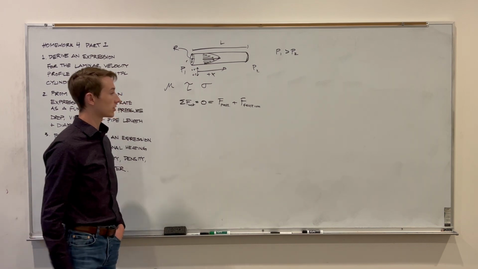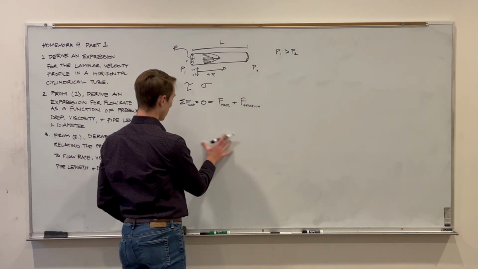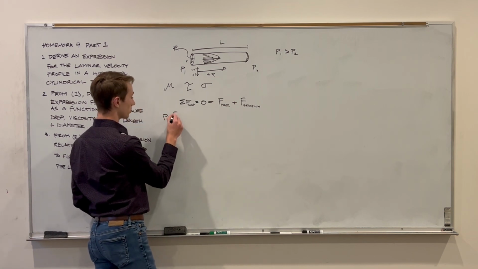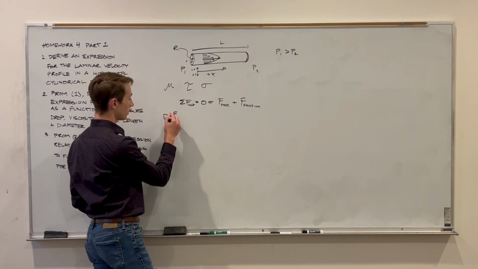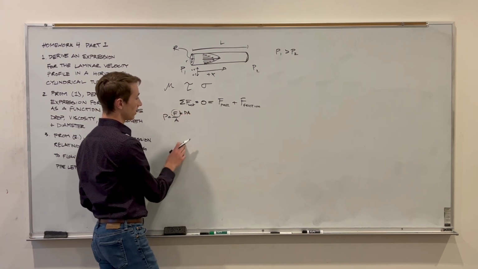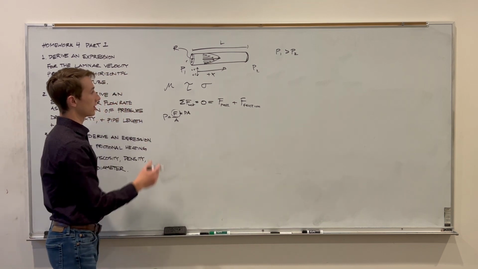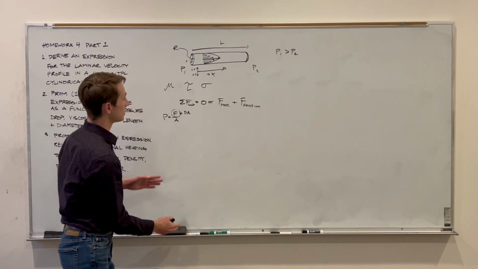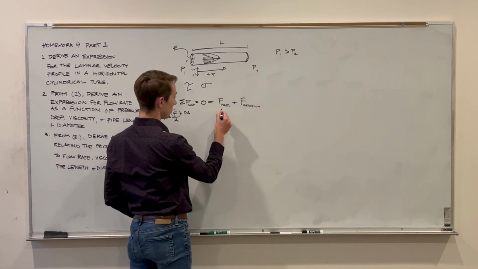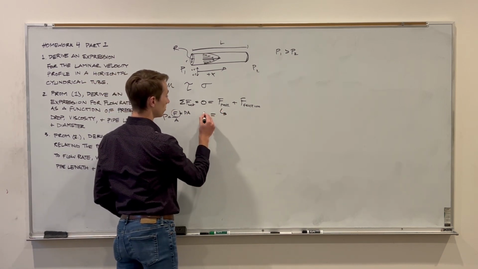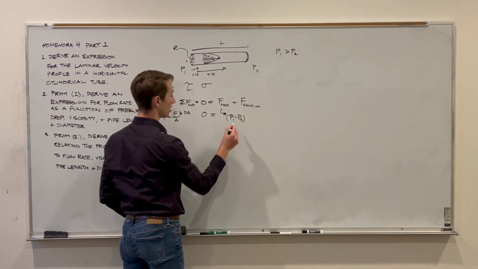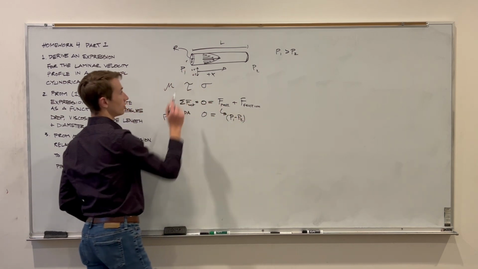Well, the force due to the pressure is pretty easy. We know from our past experience that pressure is equal to force over area. So the force is equal to pressure times area. Okay? And the pressure we're going to use here is practically the difference in pressures, right? So if P1 is greater than P2, we can say that this is going to be equal to P1 minus P2, that's the difference in our pressures, times the cross-sectional area.